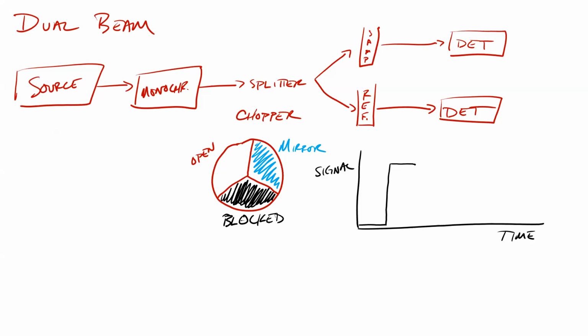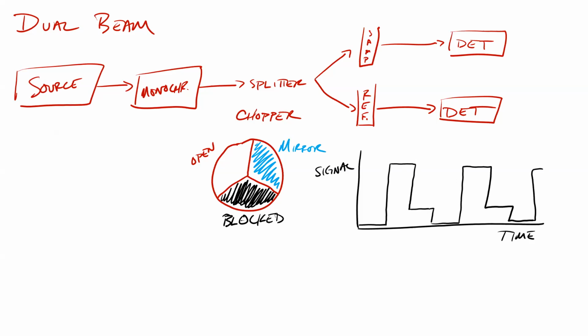Should be a high absorbance or a high signal, and then our sample is a lower signal, and then it's black again, and then our reference, and then our sample, and it's black again, right, et cetera, and it just repeats.